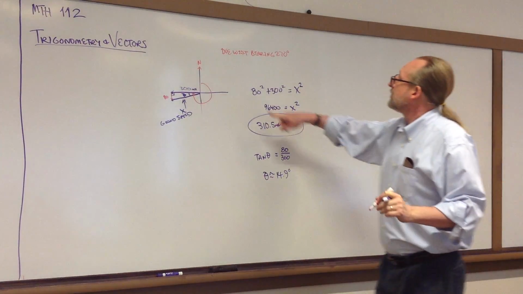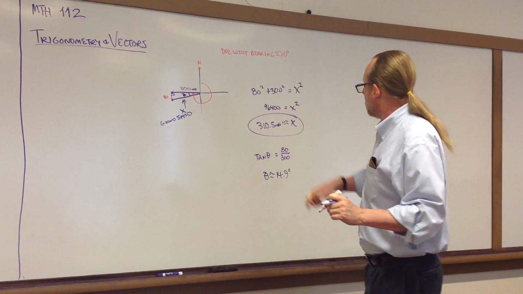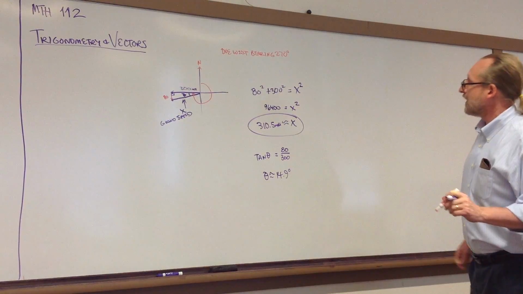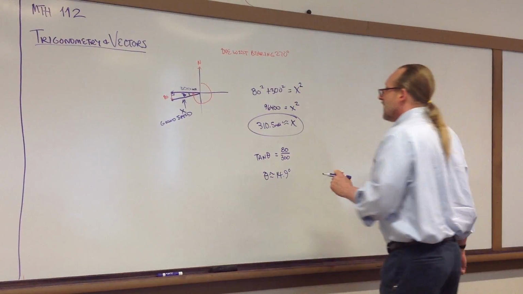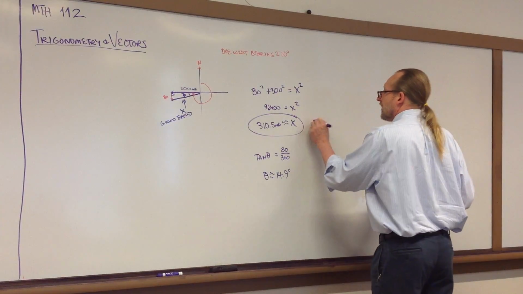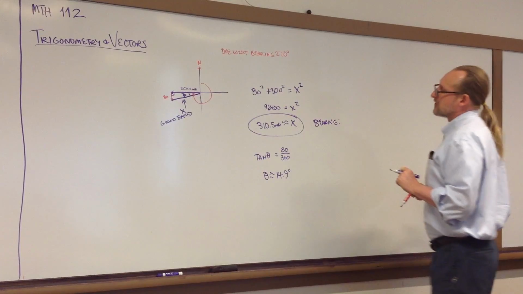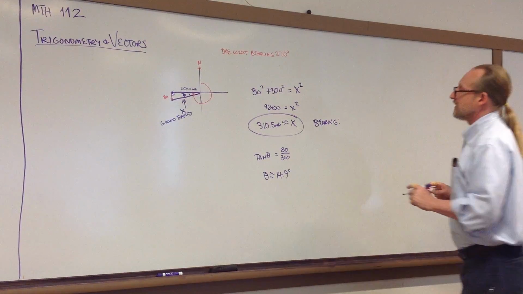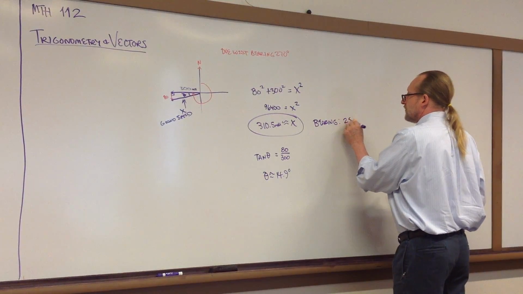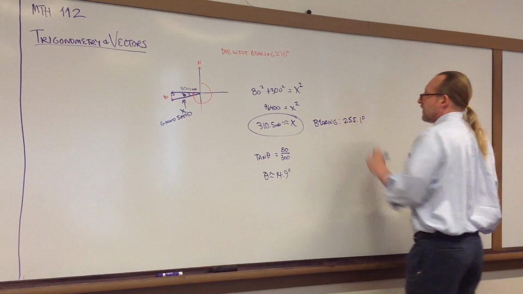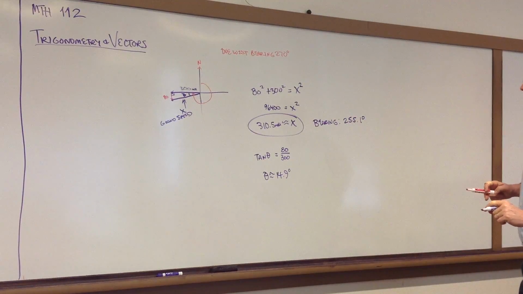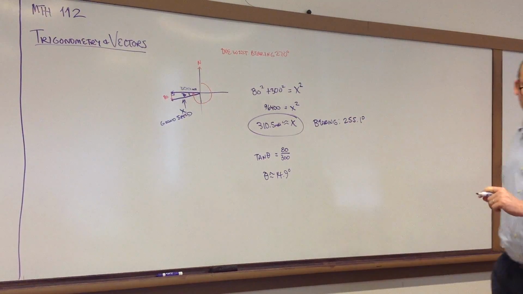The actual flight path for the plane will be 14.9 degrees less than that. And so the actual bearing for the plane is going to be, what is that, 255.1? Let's see. So that looks right.